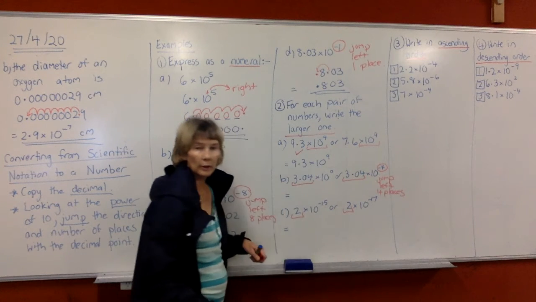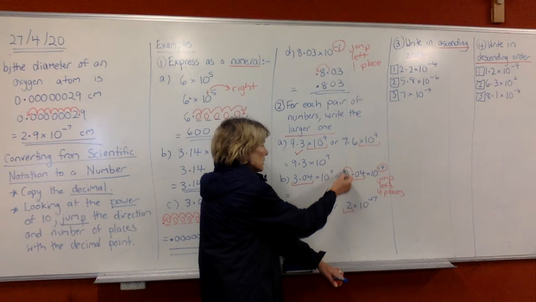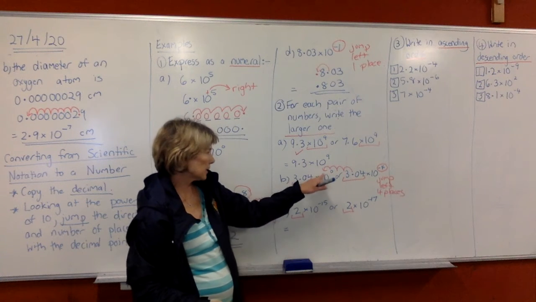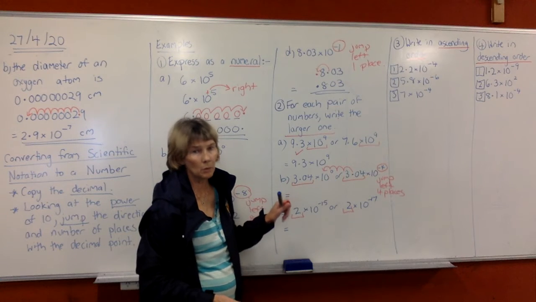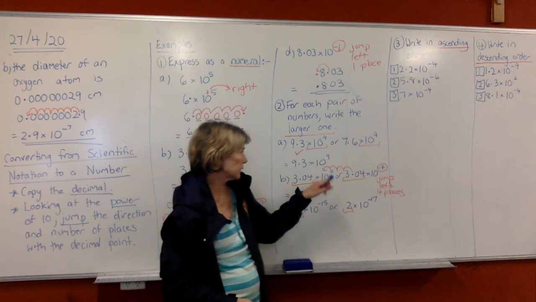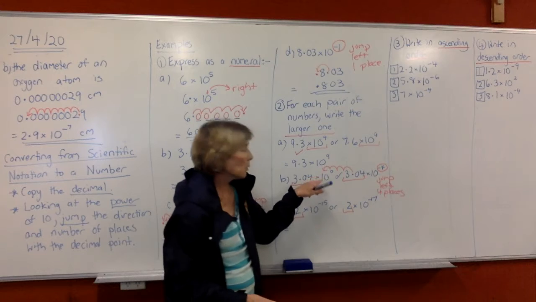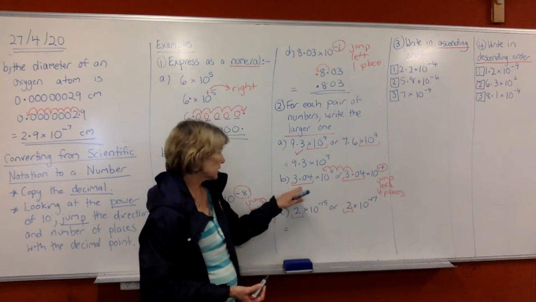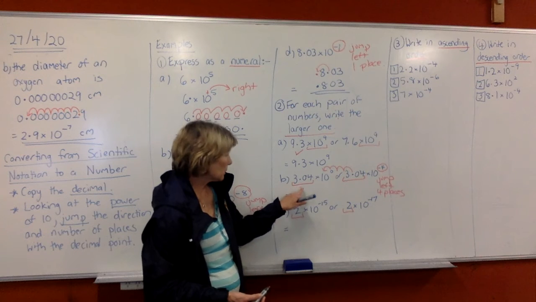So you can imagine if we go jumping to the left 4 places, I'm not going to write it all down, but the decimal point comes over here. It's going to be a really small decimal, 0.0000, no, not even that, 0.000304. That's a small number, whereas this didn't go anywhere. So this one's the bigger one.